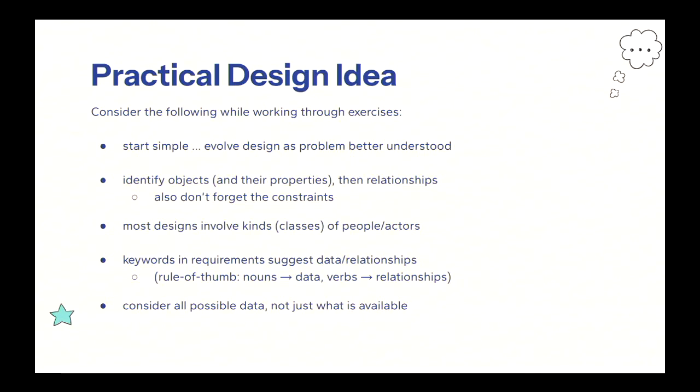So we should think from the people or actors' point of view when we design data models. And the fourth is keywords in requirements normally suggest data and relationships. So for example, nouns are normally used to describe data, and verbs are used to describe relationships. And the last thing here is we should consider all possible data, not just what is available.